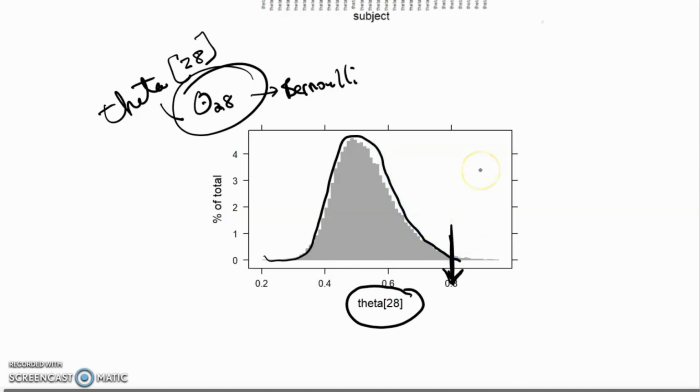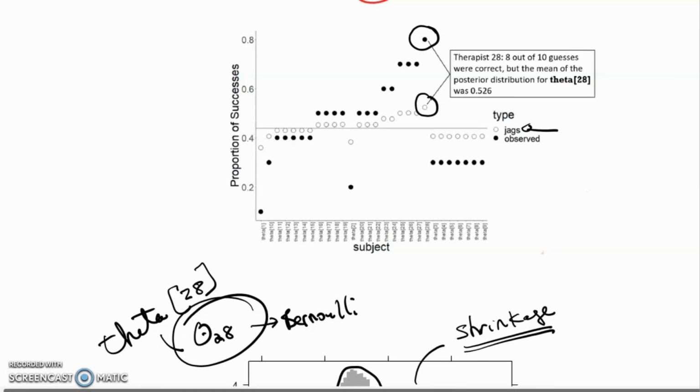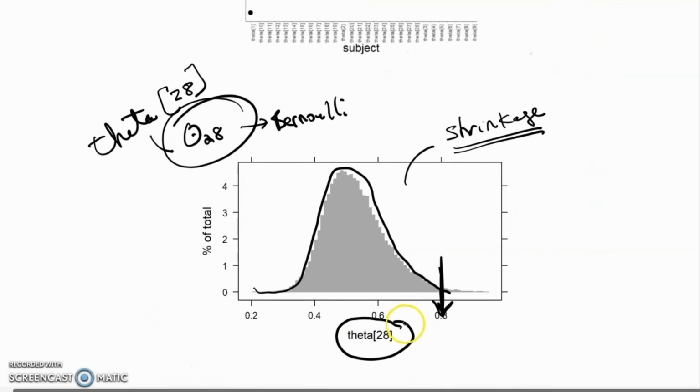And by incorporating shrinkage, what we're essentially seeing is that this therapeutic touch isn't a real thing. Once that shrinkage has been applied, our estimation of the talent of therapist 28 goes down by a very large amount.